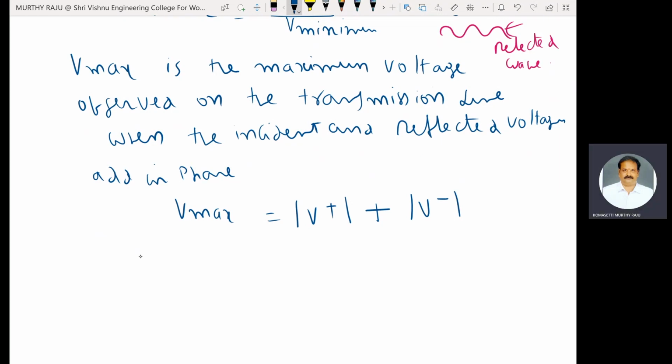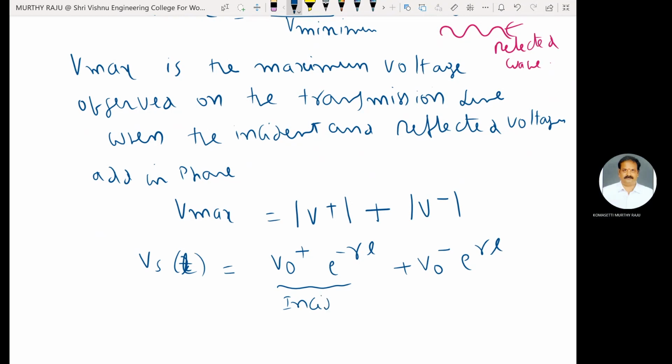Generally, we know that Vs of Z is equal to V0 plus e power minus gamma Z plus V0 minus e power gamma Z. When Z is equal to L, Vs of L is equal to V0 plus e power minus gamma L plus V0 minus e power gamma L. This one is the incident waveform representation.